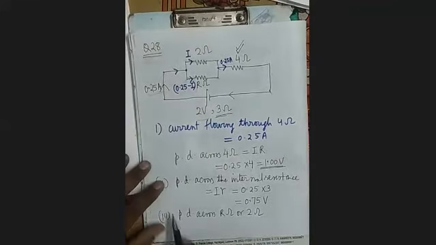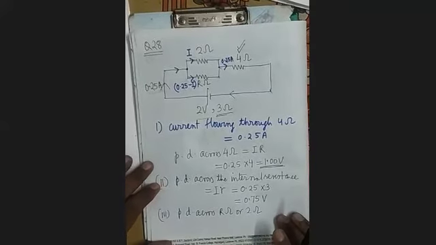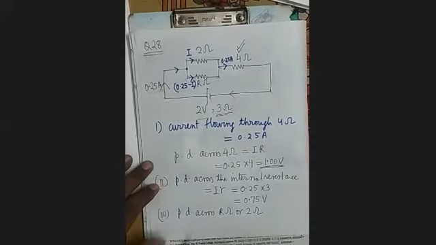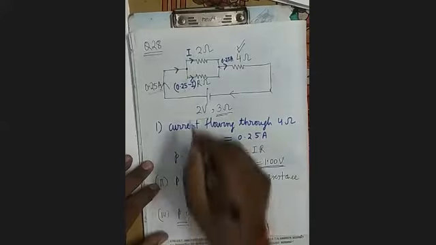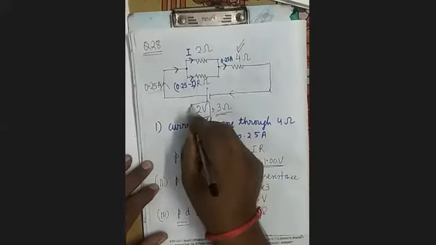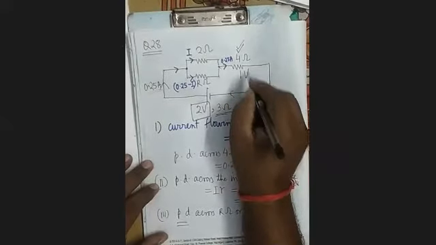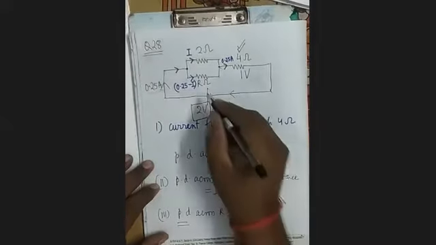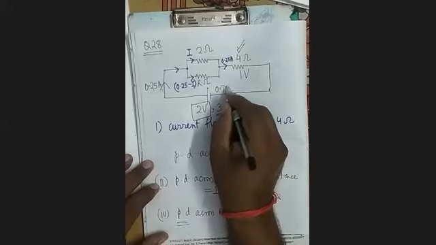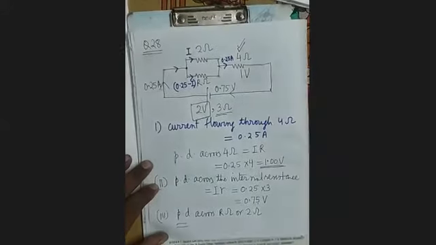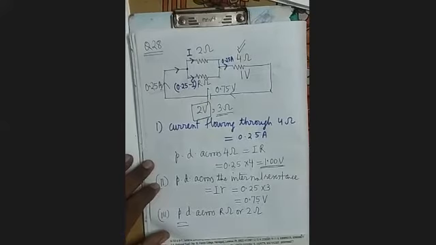So see here, potential difference across R ohm or 2 ohm you have to find. What is the total potential drop? 2 volt. 1 volt has dropped here. Where has 0.75 volt dropped? Inside the cell. So how much is left?